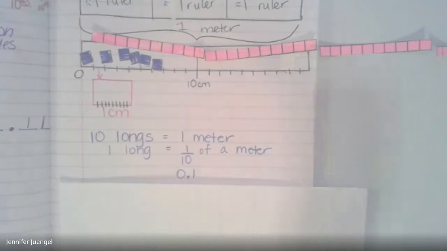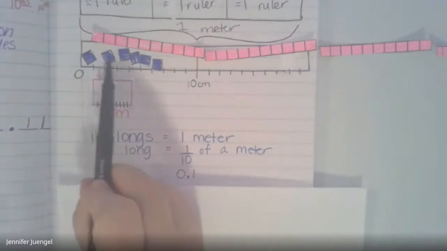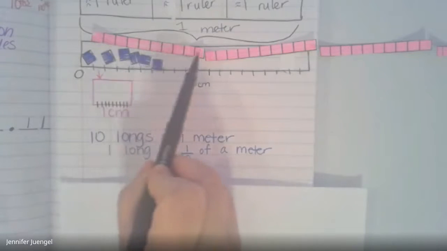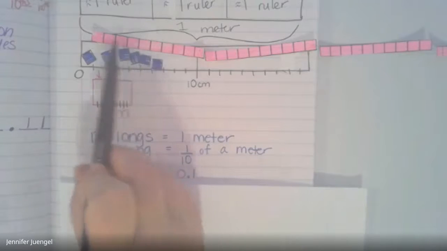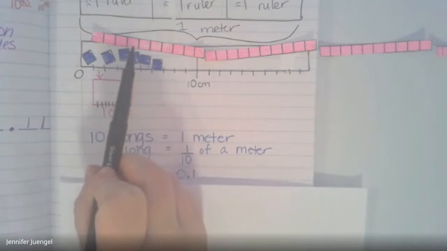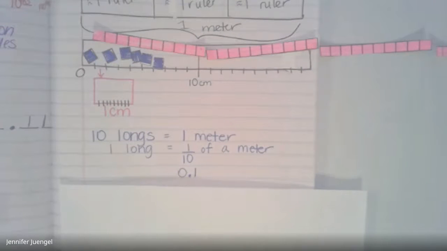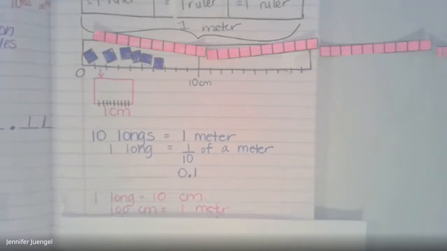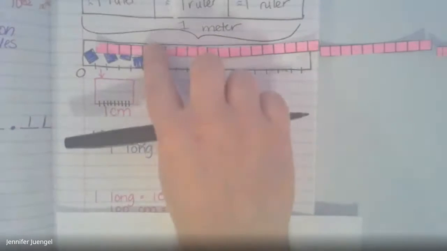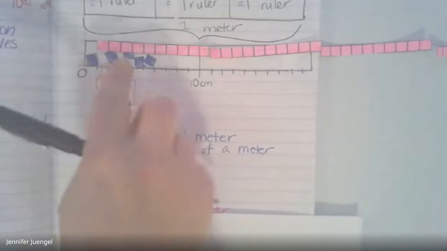So I'm using what I know about multiplying in base 10. If it takes 10 little unit cubes to make one long, and it takes 10 longs to make a whole meter stick, I use my knowledge of base 10, multiply 10 times 10, and I can find out that one long is equal to 1 centimeter.